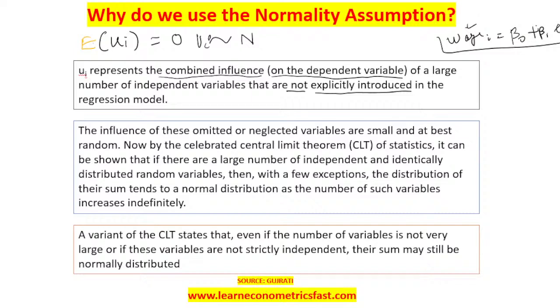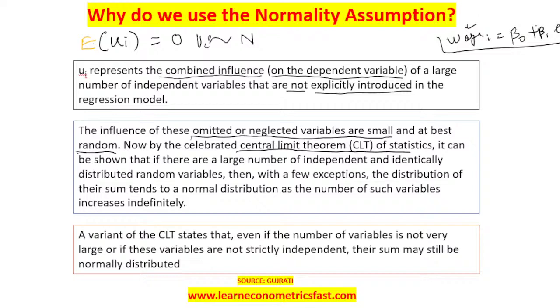So these omitted variables are small and at best random. We're assuming that these omitted and neglected variables are small and at best random. This is because the normality assumption is based on the central limit theorem.